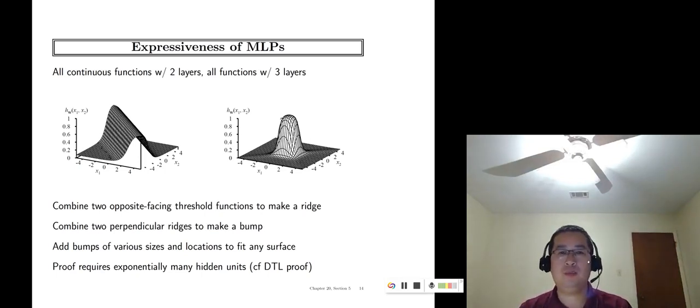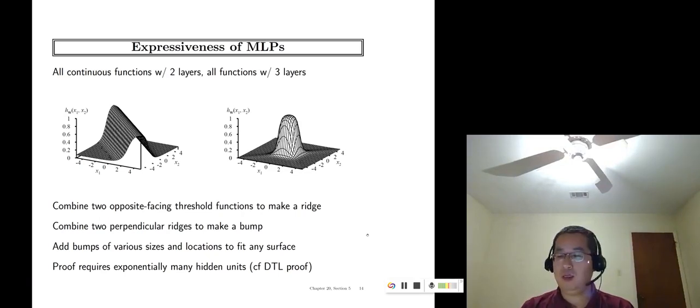So either bumps or valleys, we can fit them. The proof requires an exponential number of hidden units. For example, you can refer to the decision tree proof. We don't need a clear understanding of this one, just having this knowledge is enough.